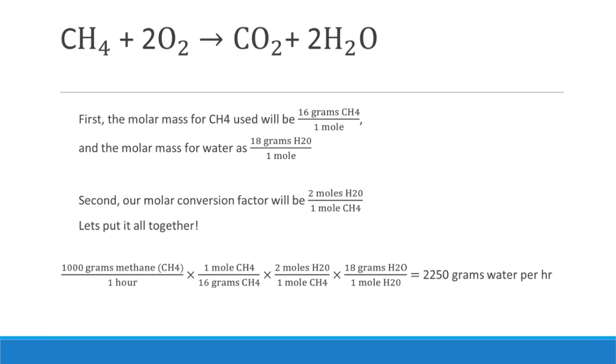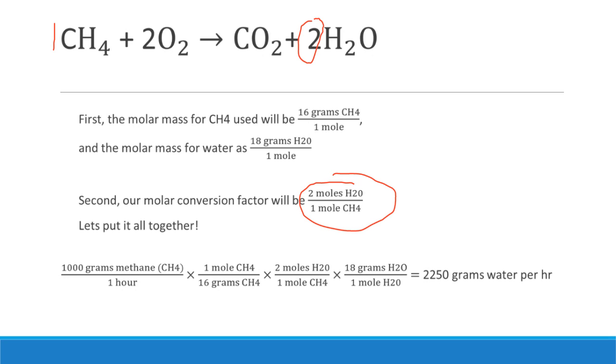And the molar mass for water, because we're also going to need that, is 18 grams per mole, because we have 2 hydrogens, which is essentially a gram each in atomic mass, and oxygen has an average of about 16 grams per atom. Second, we have our molar conversion factor, which we just discussed: 2 moles of water for every 1 mole of CH4, excuse me. So this is 2 moles of water for every 1 mole of methane.